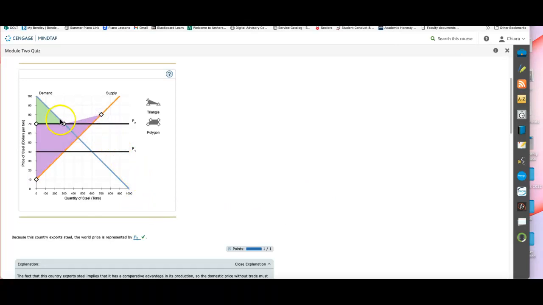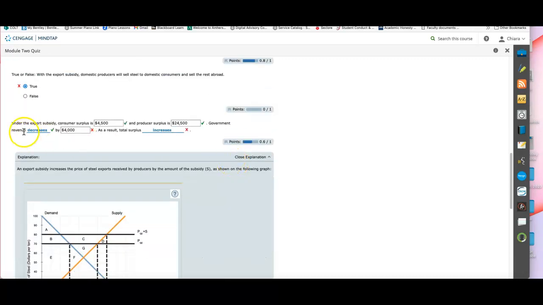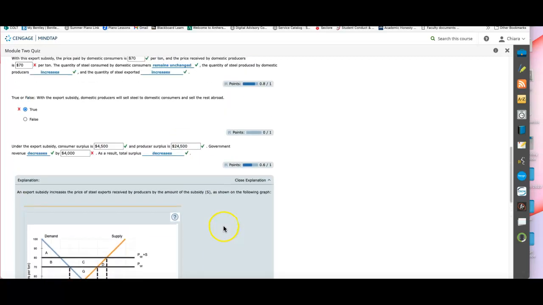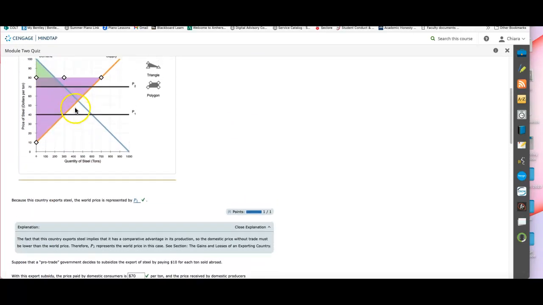The surplus. But now from this total surplus, we actually need to take out what it's costing the government. We need to calculate how much the government is paying and how much it's costing the government to subsidize these $10.